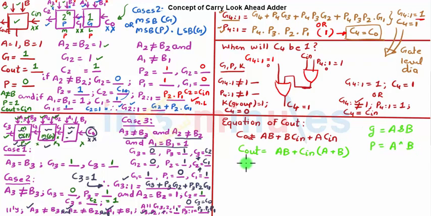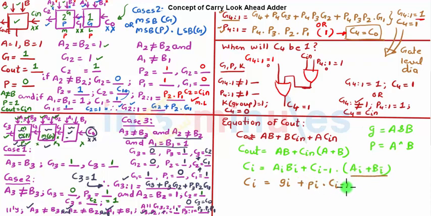In general language, this is nothing but Ci equal to Ai Bi plus the previous stage carry, Ci minus 1, into (Ai plus Bi). Fair enough? Yes, great. Now see what I'm doing. Ai and Bi is nothing but Gi, so I'm just putting that as it is, plus (Ai plus Bi), I'm putting it as Pi, and Ci minus 1.